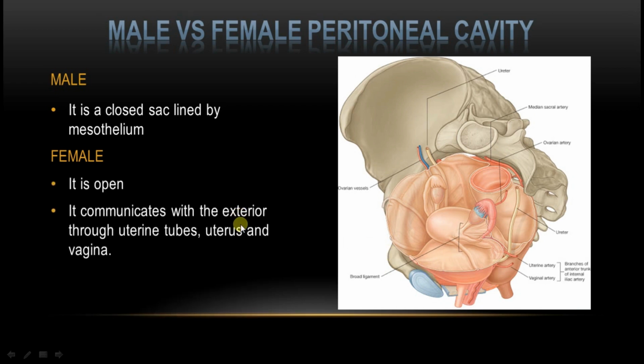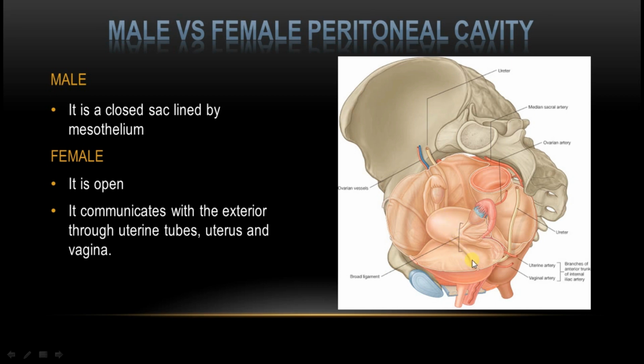Whereas in females, it is open. From the sigmoid colon, if you trace, the peritoneum is reflected onto the front and sides of the rectum and forms the pararectal fossa. Then it dips below between the rectum and the uterus as the recto-uterine pouch. Then it covers the upper surface and goes to the sides.